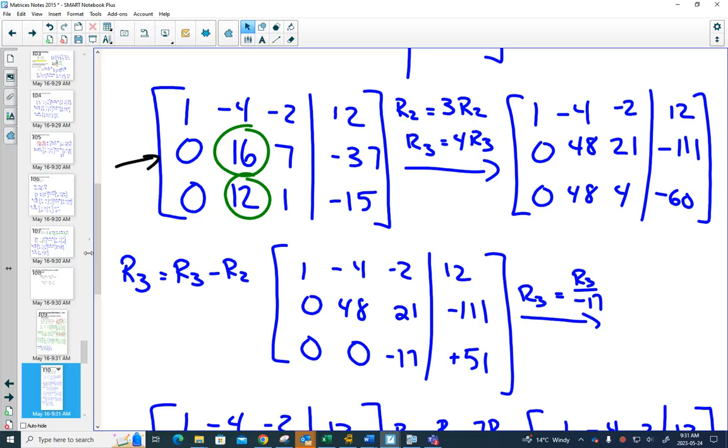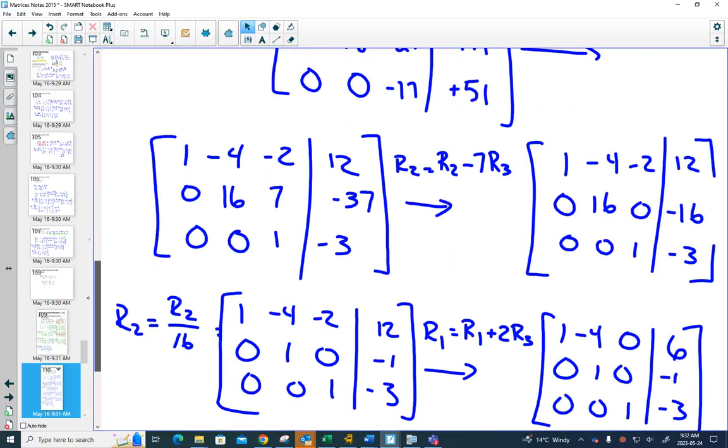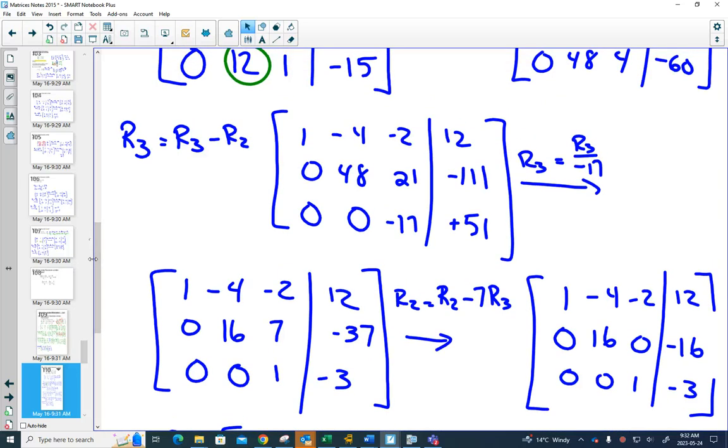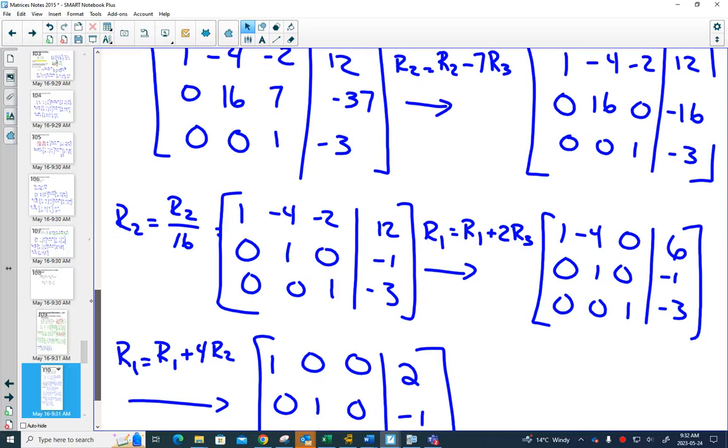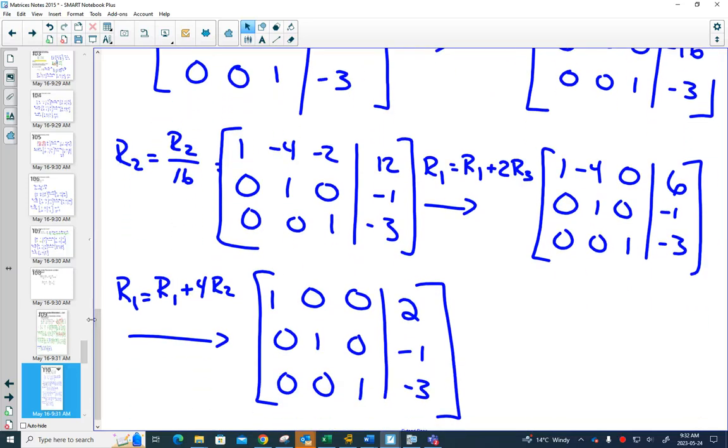And then I could write row 3 minus row 2 as an easier step. Okay? It still means that I left this row with a big number, but I was able to solve for z then to get -3. Here I reduced the 48, 20, 21, and -111 back down to the 16, 7, and -37. Got my other zeros, and from there, it was pretty straightforward.